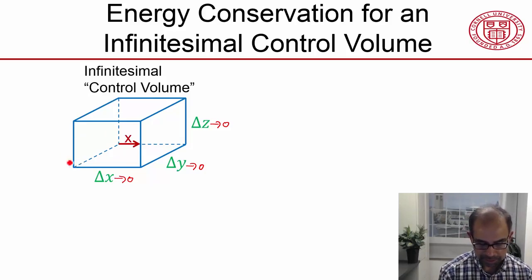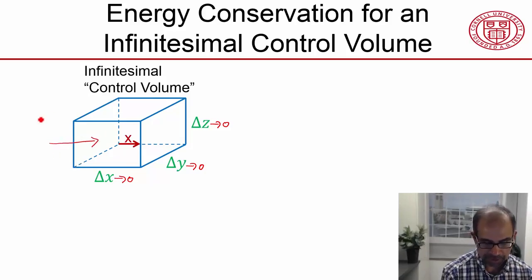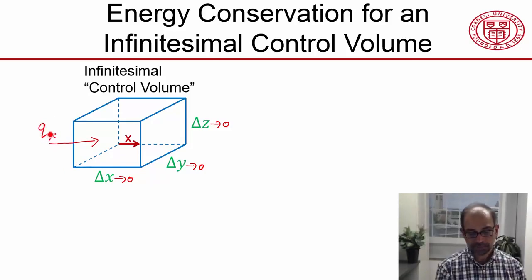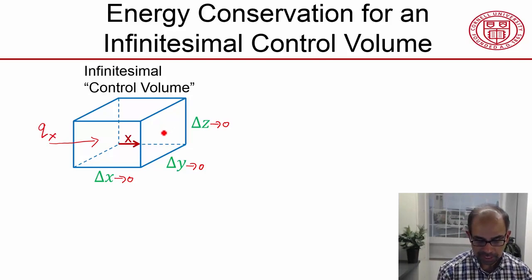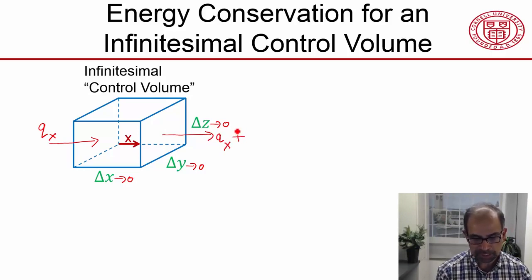Let me consider this face here. There is a heat flow through that face, which I will denote as Q sub x. This is a heat flow in, and then there is a heat flow out through that face, which I will denote as Q x plus delta x.